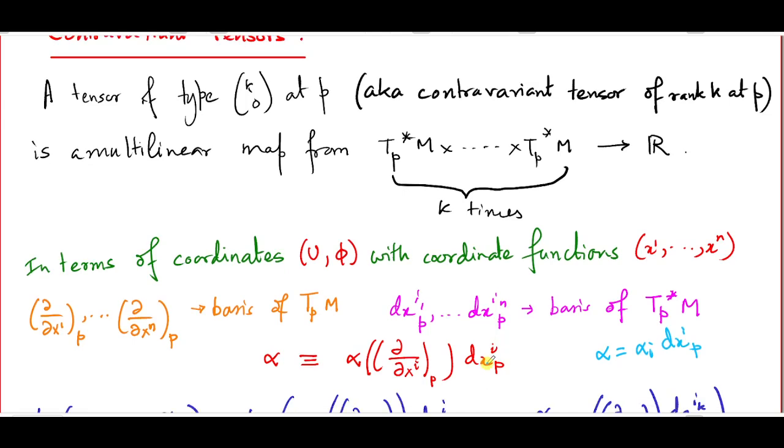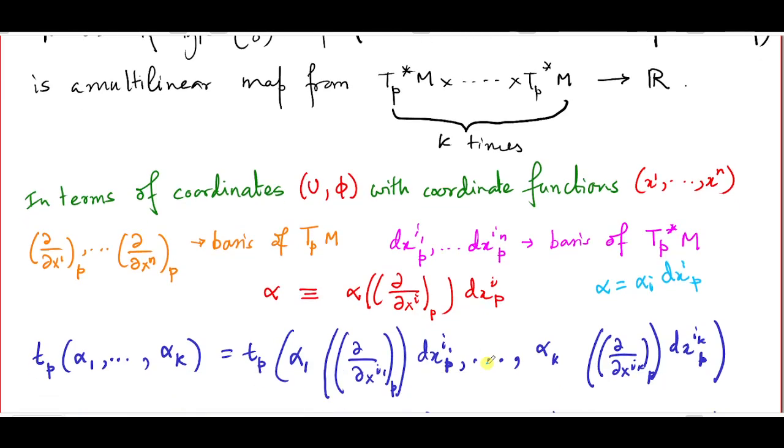Now using this, we can write the result of Tp, the (k,0) tensor acting at p, given arguments alpha 1 to alpha k. Each of these are covectors at the point p in the following fashion. You can write each one of the arguments alpha 1 through alpha k using this expression. So alpha 1 becomes alpha 1 acting on del x i1 at p times dx i1 at p, summed over i1 of course, and so on.